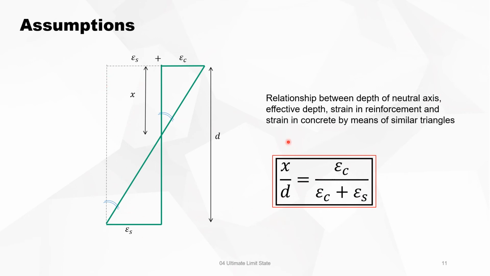If you rearrange it, you have x over d equals epsilon c divided by the sum of the two strains. So you see that you can always calculate the depth of the neutral axis if you know the strain of steel and concrete. You will see that in all the domains, at least one of the strains is always given, either epsilon c or epsilon s.